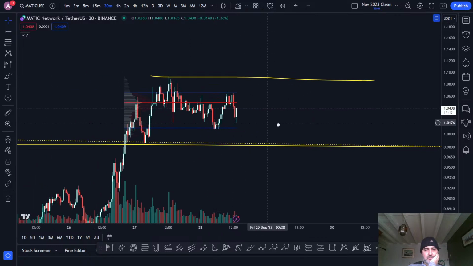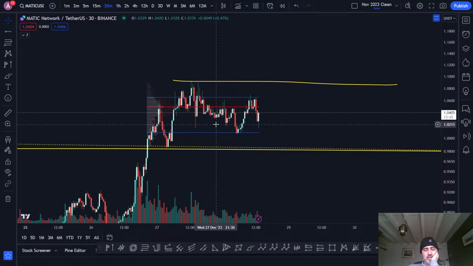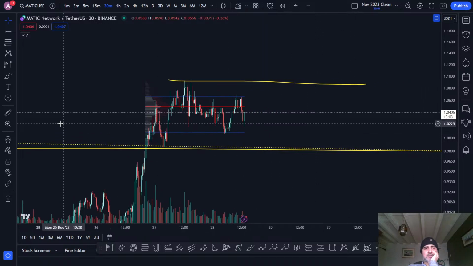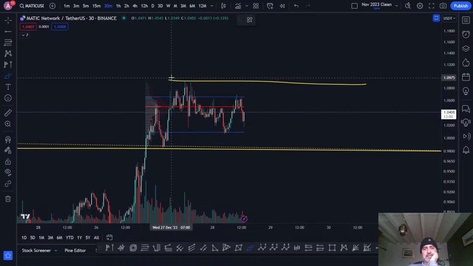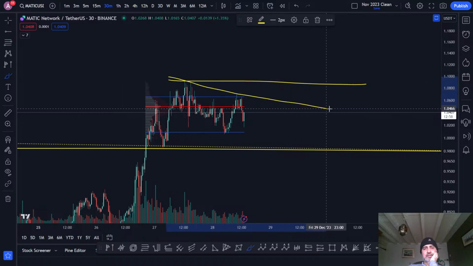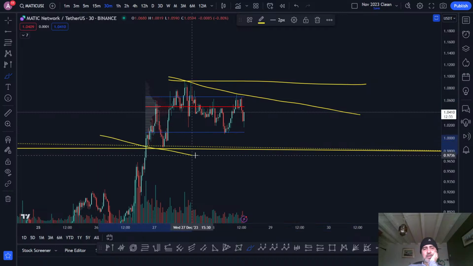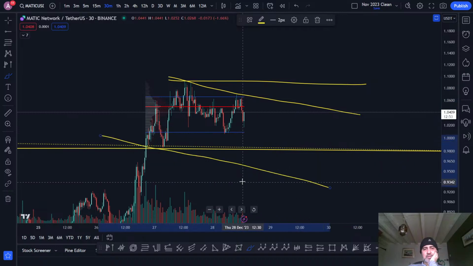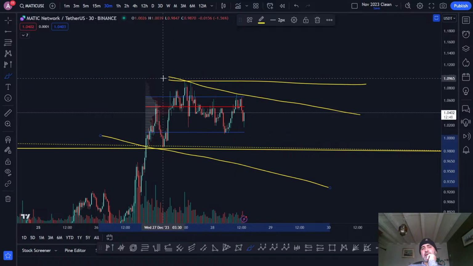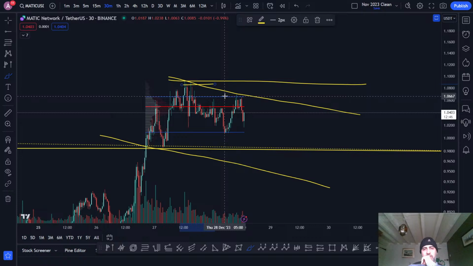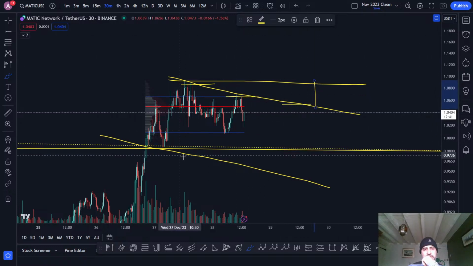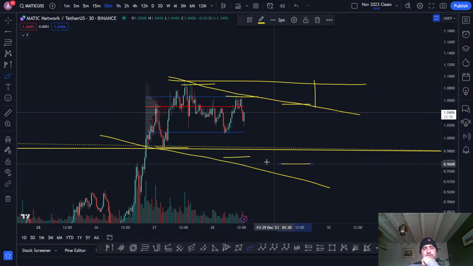I think ideally what you want in this kind of range is some kind of flag. A flag would be the best, because what a flag is are lower highs, lower lows, and effectively what you're doing is you're creating a cascade, like I was describing earlier, a cascade of highs to squeeze up, and you're taking the liquidity from the lows every time.